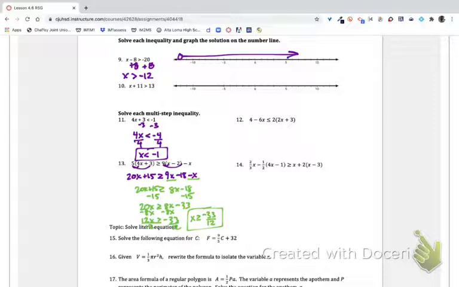Number 15, tricky one. Solve the equation for C. So here's how this one works. First, get the outside stuff away from the variable. Okay, get it as far away. So we're going to subtract 32 on both sides. So we would have f minus 32 equals 9/5 C. And to get the 9/5 out of there, we'll multiply both sides by 5/9.